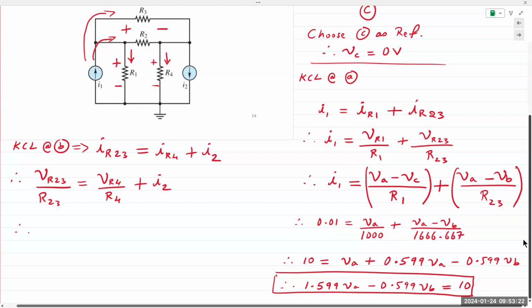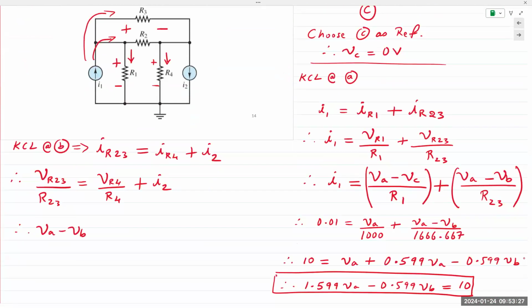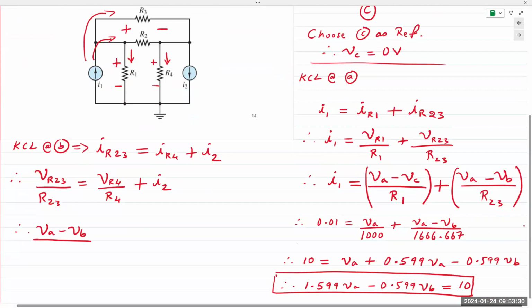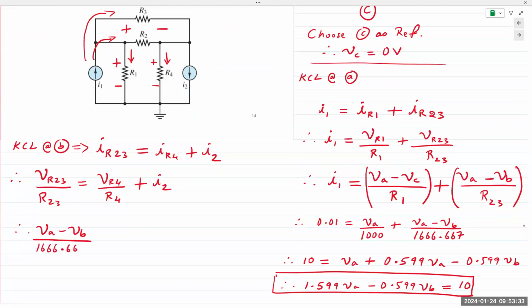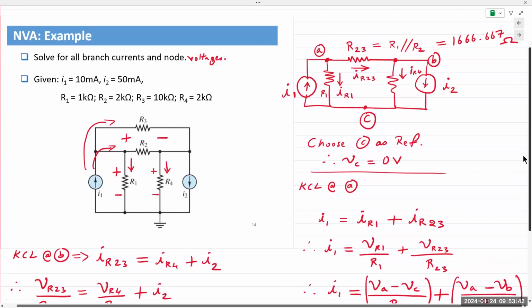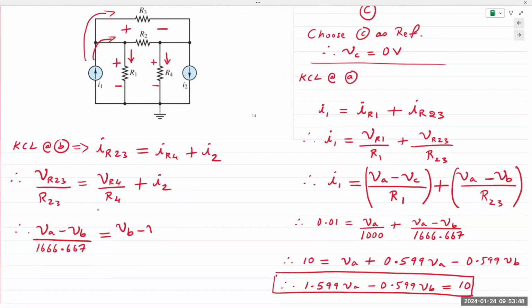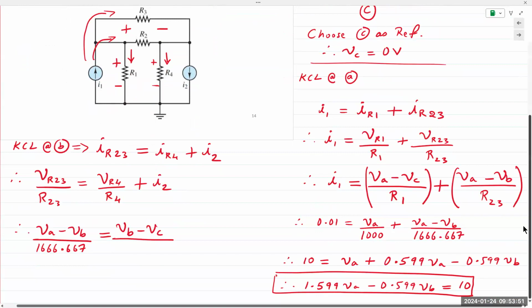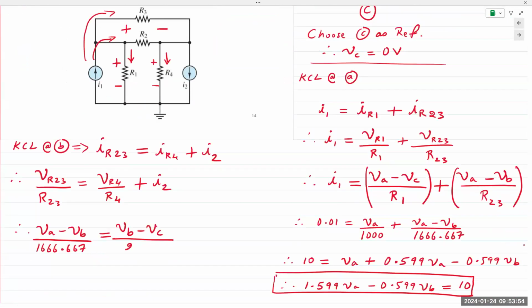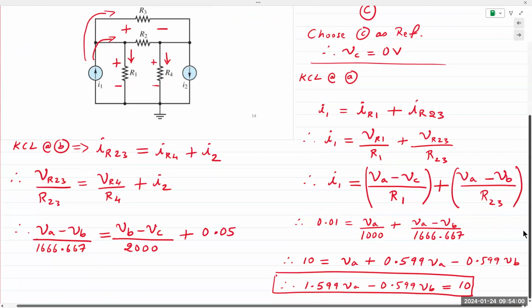VR23 is VA minus VB divided by 166.667, and VR4 is VB minus VC, and R4 is given to us as 2000. So 2000 plus I2, which is 50 milliamps, so 0.05. Yep, 0.05.